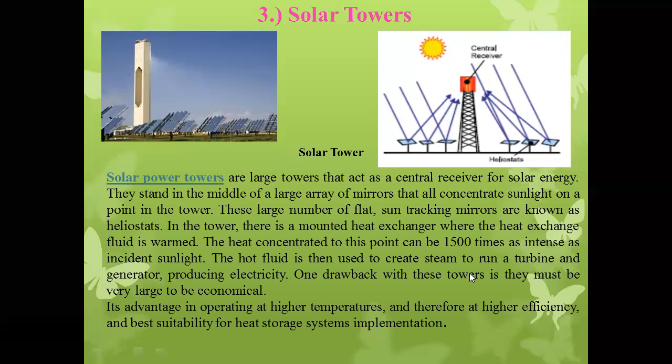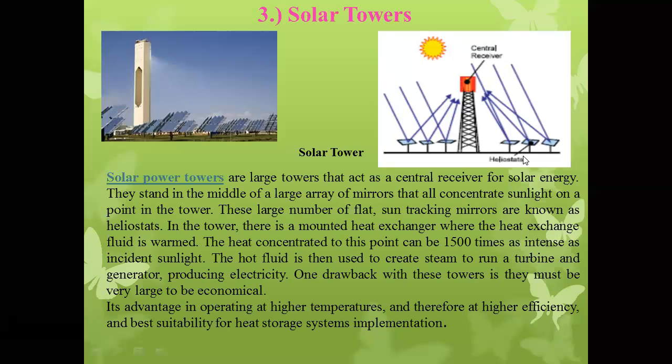Remember this part from the examination point of view, because solar towers are so efficient, we have seen that we can raise the temperature up to 1500 degrees centigrade. As we know, solar radiation can be incident at a minimum of 35 to 40 degrees centigrade.